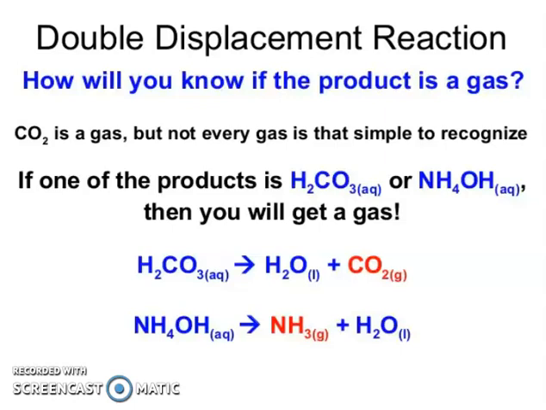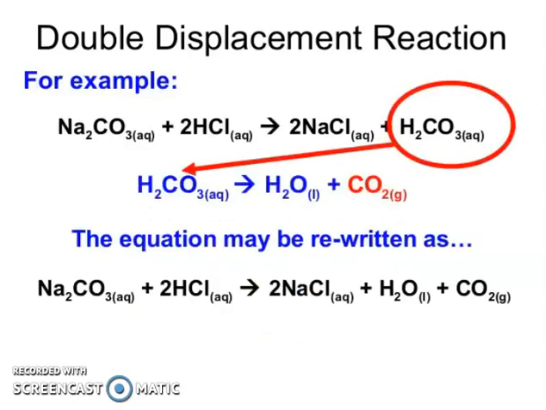Carbonic acid gives water and carbon dioxide, and ammonium hydroxide gives ammonia gas and water. Double displacement reaction, for example, sodium carbonate and HCl give sodium chloride and carbonic acid. So carbonic acid gives carbon dioxide. So the equation may be rewritten as sodium carbonate and hydrochloric acid give sodium chloride, water and carbon dioxide.